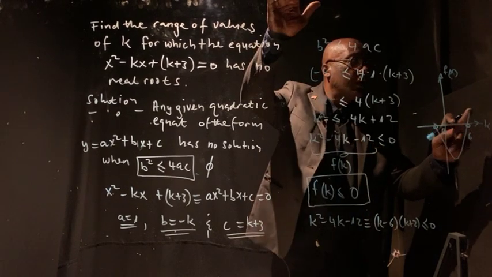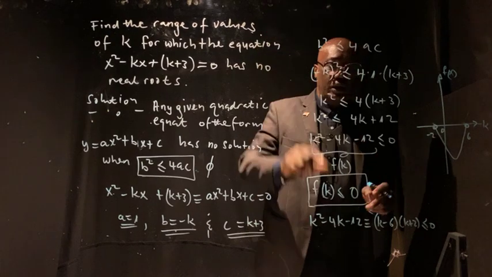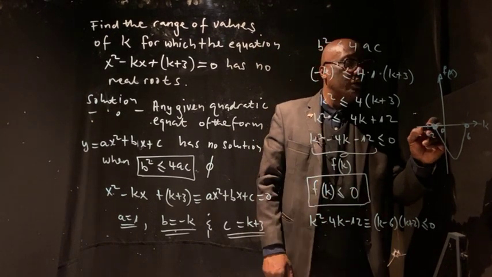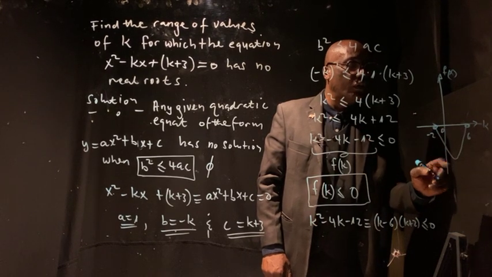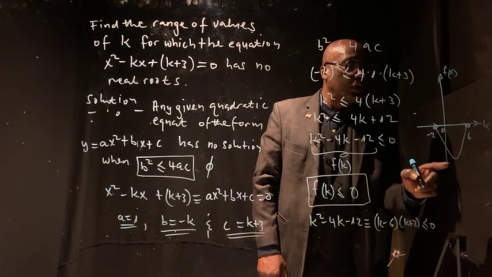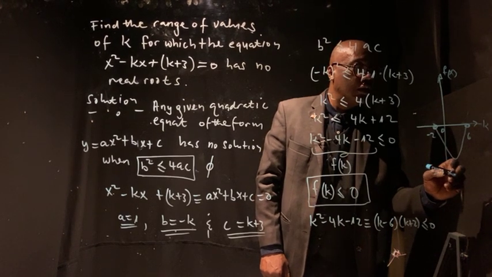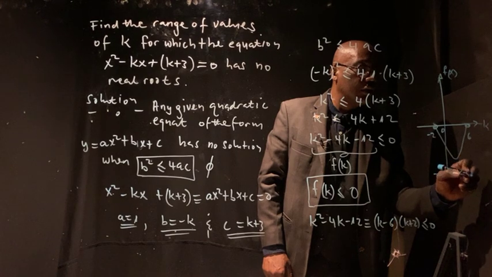And this one has to go as well, because f of k is less than 0. So these are the values of k that we are looking for. And these values of k is minus 2 is less than k is less than 6.